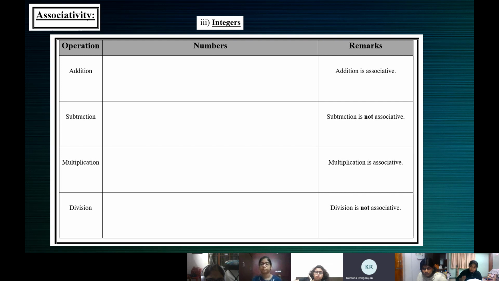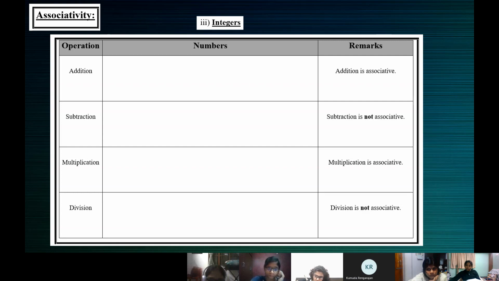How many numbers should you consider for associativity? Three numbers. For associativity, you must take three numbers and group them in different ways. In the first case, group the first two numbers, and in the second case, the last two numbers.